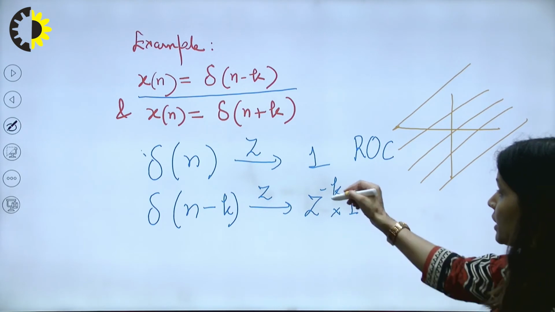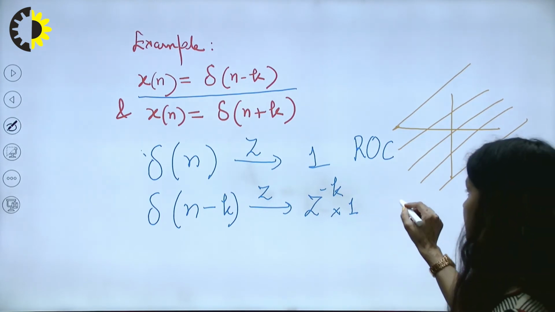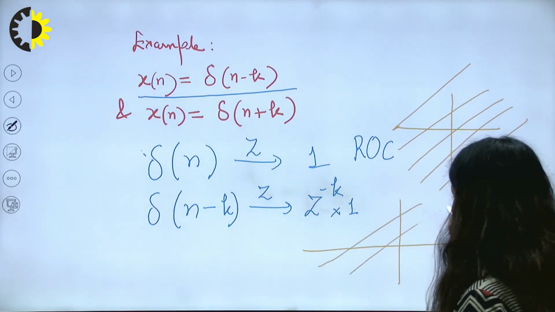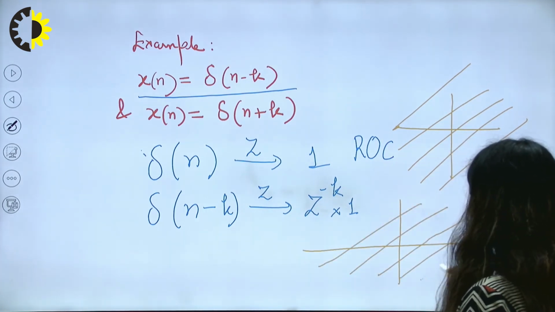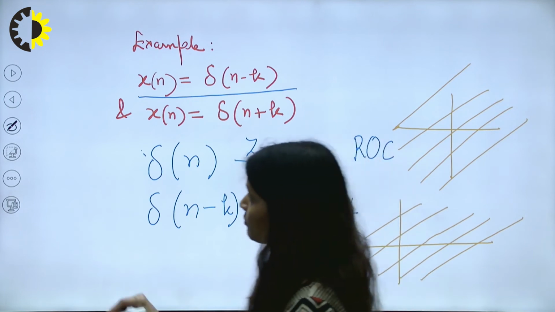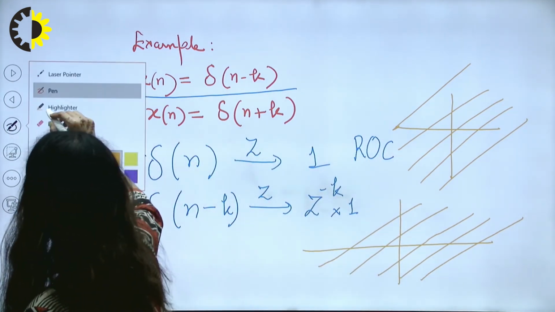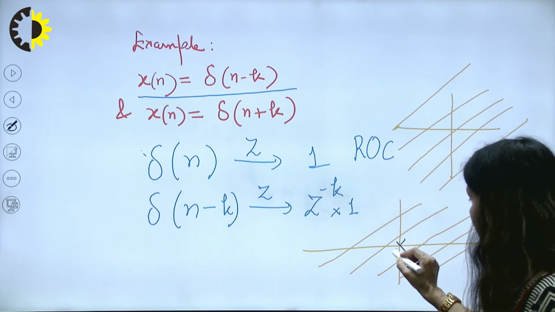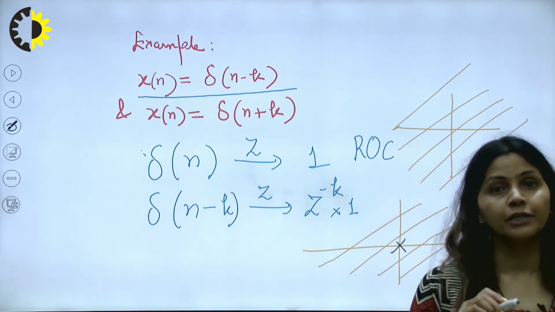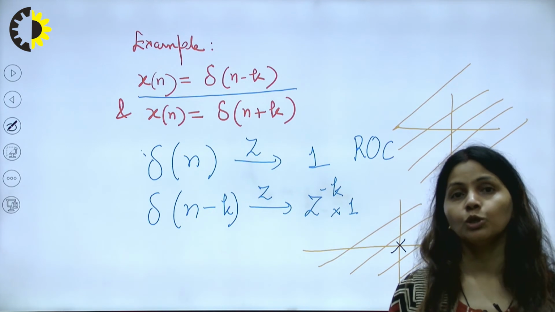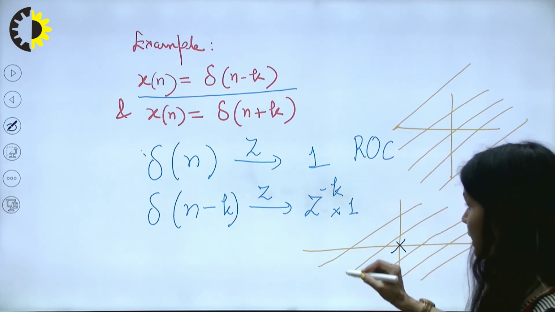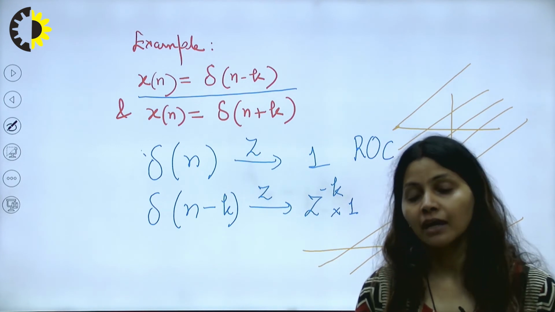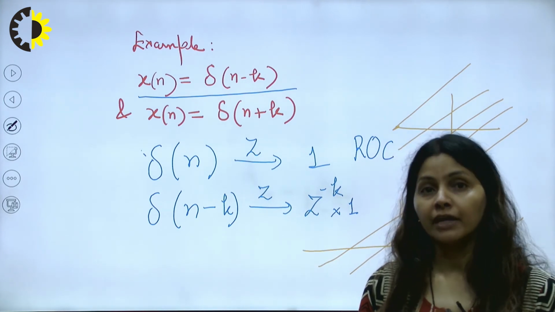But the ROC in this case will be the entire Z plane, but not at z equal to 0, because as you put z equal to 0, the term X(z) becomes infinite and undefined.